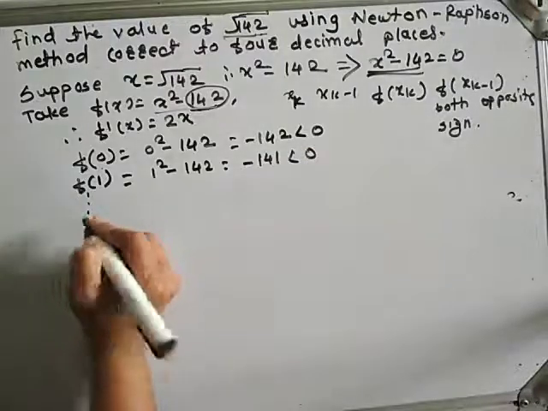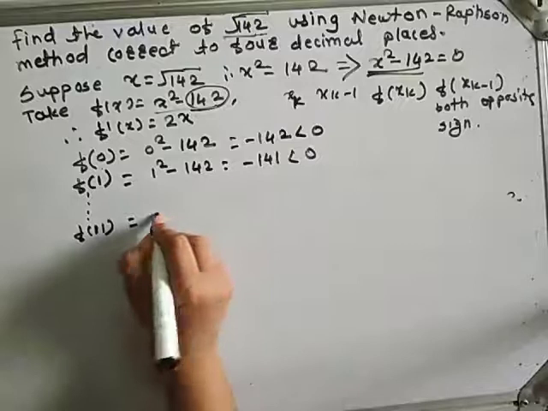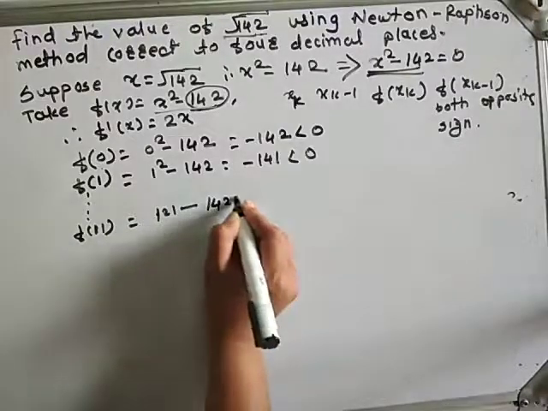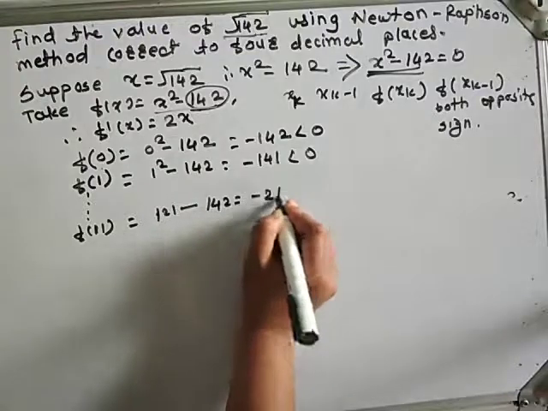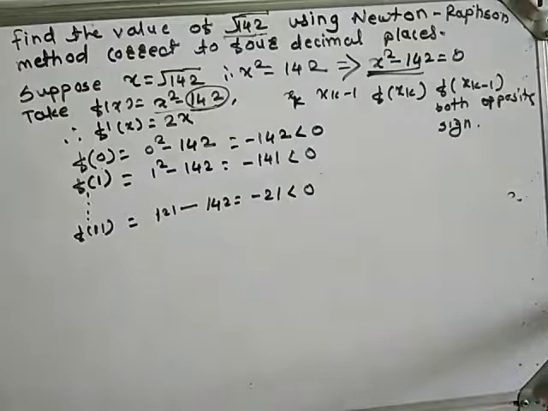And so on up to f of 11, which is equal to 121 minus 142, which is equal to minus 21, strictly less than 0.